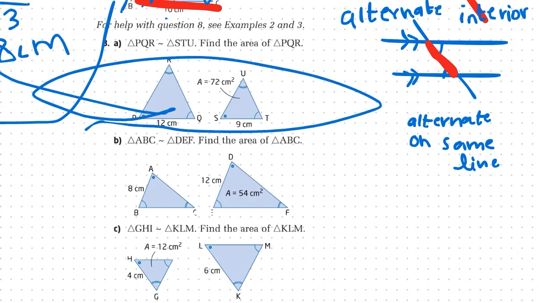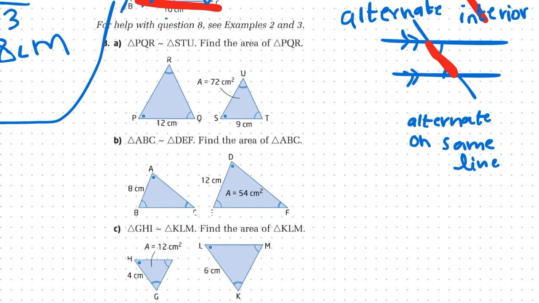The triangle PQR is similar to the triangle STU. Find the area of PQR. Do I multiply 72 times 2?